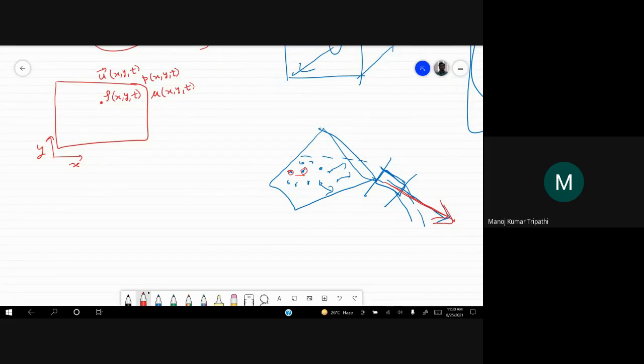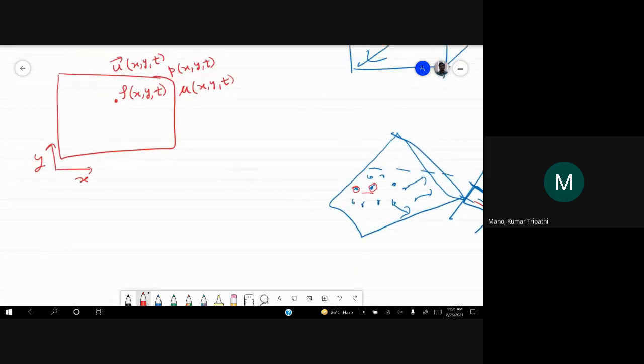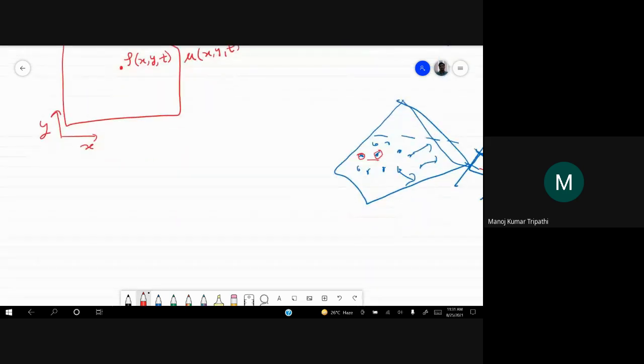You are not restricted to a small number of molecules or anything like that. So we will derive those equations later on. But first, just to see how it works, you have already studied the continuity equation in school, right?